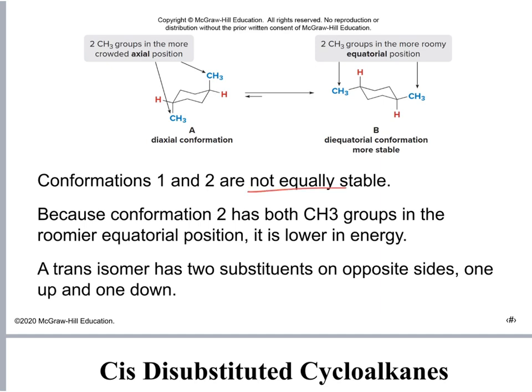Now they're showing the different conformations, and they're not equally stable here, because both of these are in axial. This is the ring flip. These are equatorial. So the equatorial one is going to be more stable, because you want your bigger groups in the equatorial position.